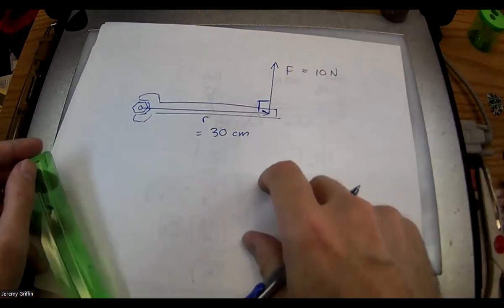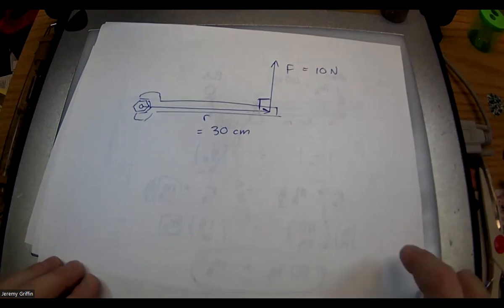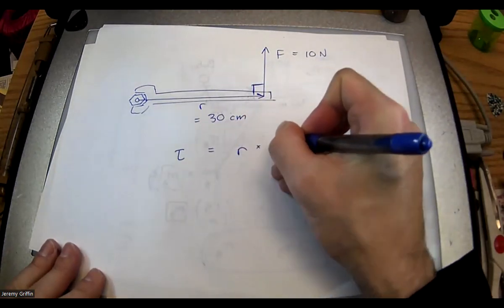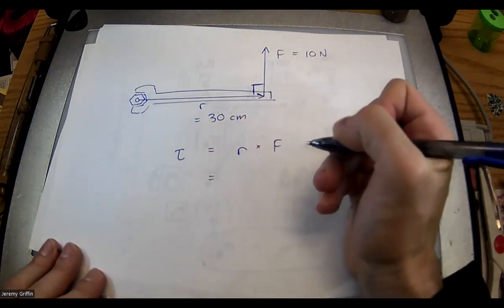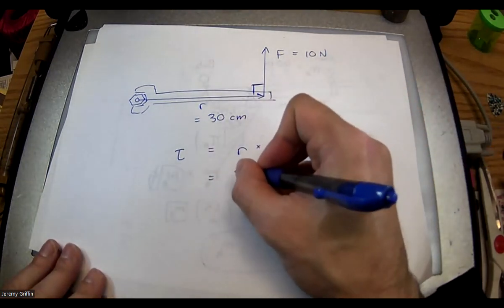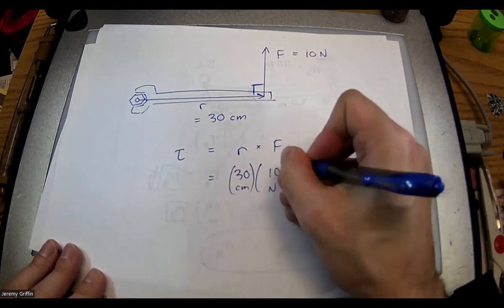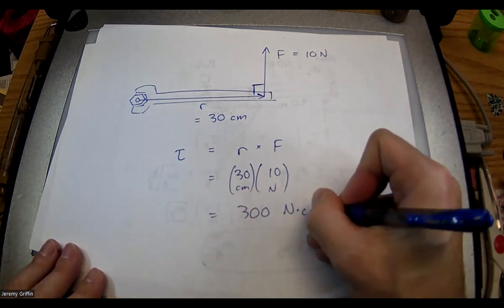How much torque is on that nut? Yeah, it's 300 Newton centimeters, right? So 30 centimeters crossed with 10 newtons is 300 Newton centimeters.